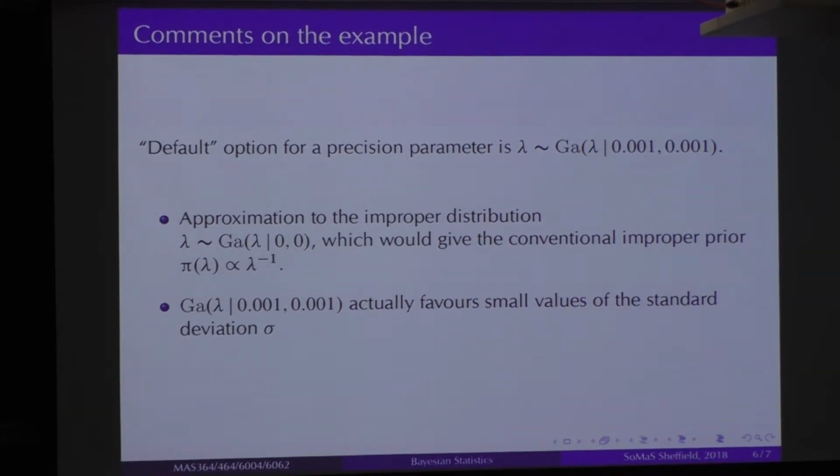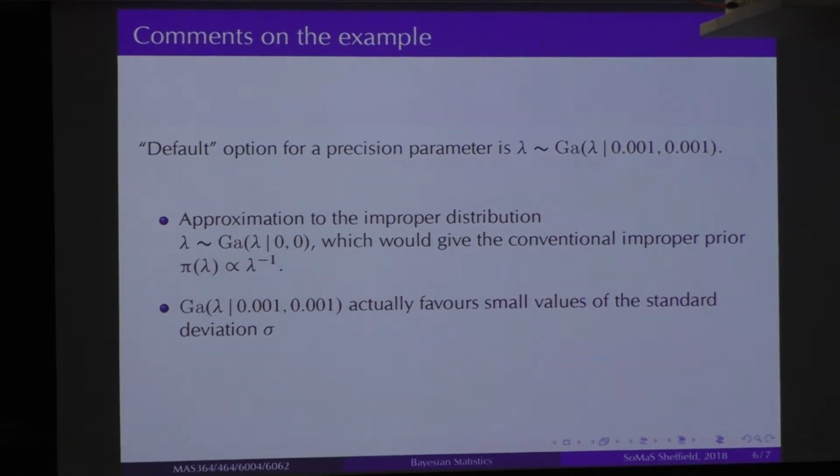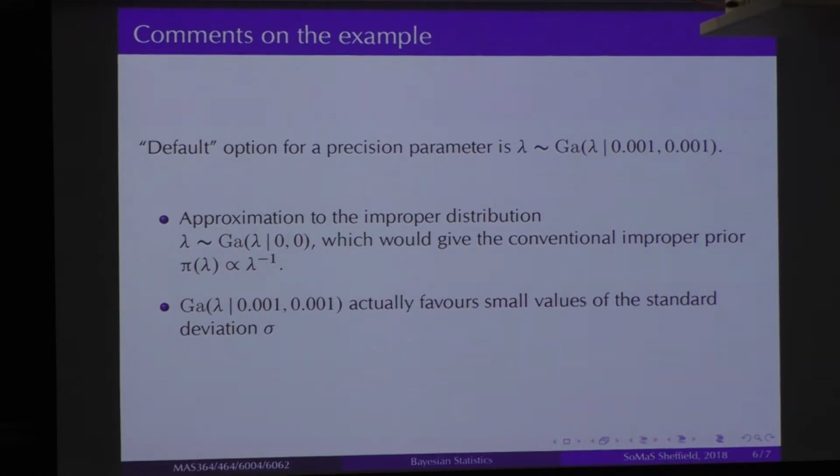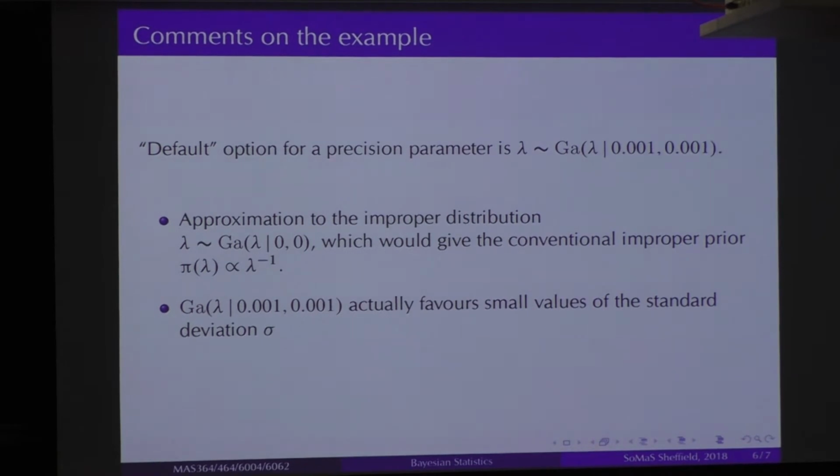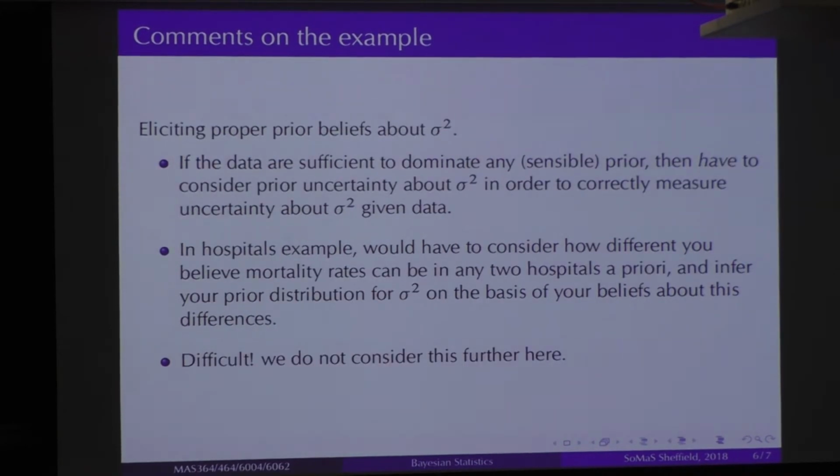So actually, if you don't have strong information in the data about the precision and you use that prior, it will shift, you have seen that, the posterior distribution towards 0. And if this is a precision, that means that you don't have any information about that parameter in particular. And that will make your inferences almost useless, right? So you have to be very careful about that.